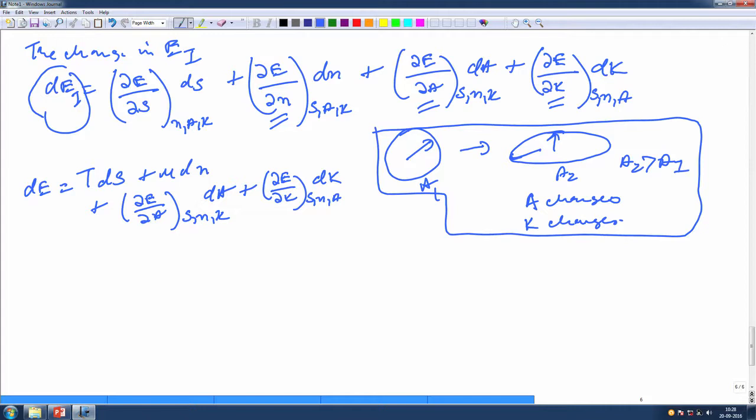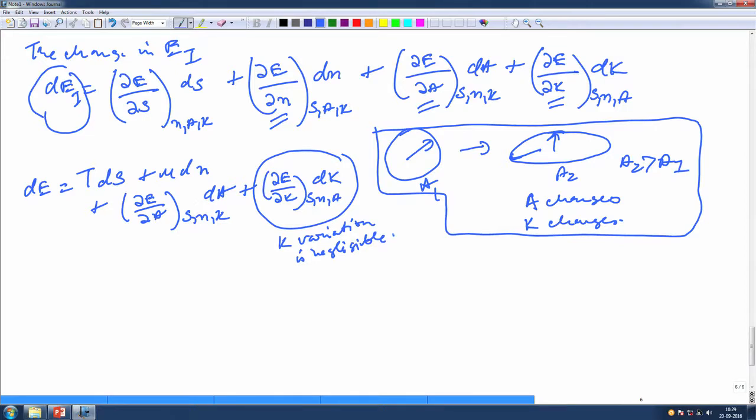Now, if the variation in the curvature is negligible, which means the droplet remains as a droplet, there is no change in curvature per se. Situations like that, for example, when a bubble forms, that curvature may actually remain the same. We are just doing a special case where the K variation is negligible.